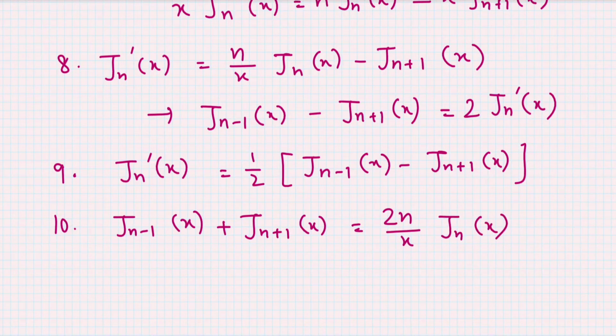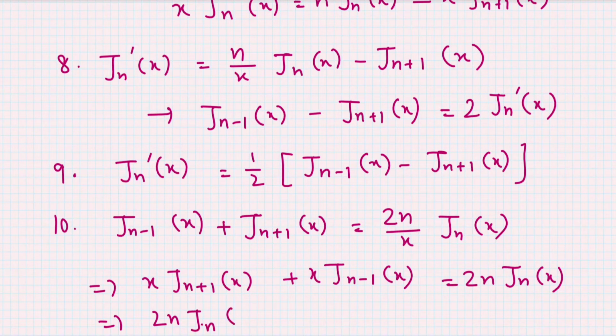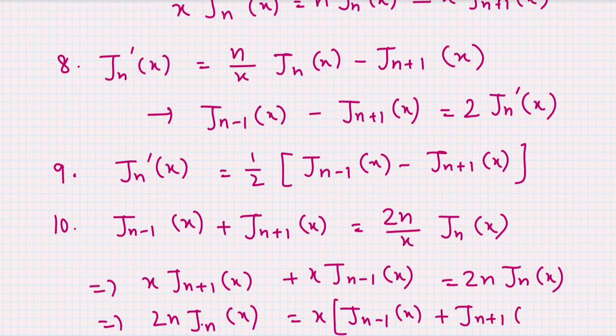Or you can write x J n plus 1 x plus x J n minus 1 x, this is equal to 2n J n x. This is another form of this relation number 10, and this can be written as 2n J n x equal to x into J n minus 1 x plus J n plus 1 x.